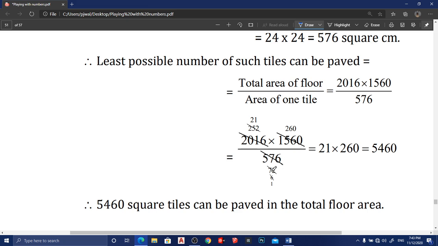576 with 8 table, 8 7s 56, you can divide maximum. 1 will be the remainder, 16, 8 2s 16. That's why it is 72.